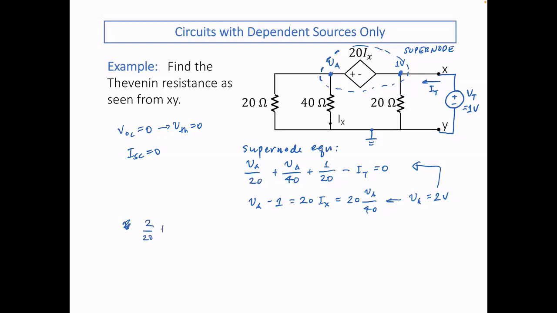So 2 over 20 plus 2 over 40 plus 1 over 20 is equal to I of t. So this is 4 plus 2, 6 plus 1, 7 over 40. Tama ba? Yeah.